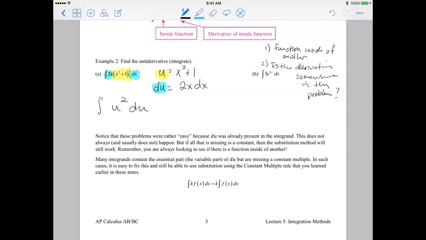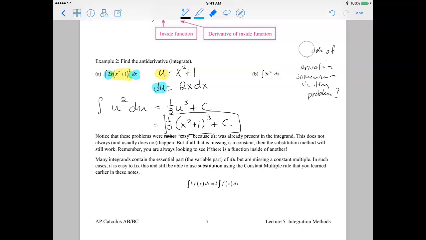Well, now I have the integral of u squared du. I know how to find that antiderivative. It's just using the power rule. So that's going to be 1/3 u cubed plus c. The last thing I want to do is plug back in what u actually is in terms of x. And so my final answer is going to be 1/3 (x squared plus 1) cubed plus c. Okay, and that right there is the final answer. Again, as always, if you want to check your answer, just take the derivative and make sure that you end up with what you started.